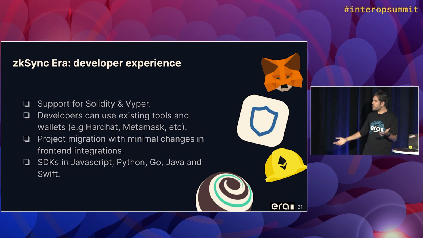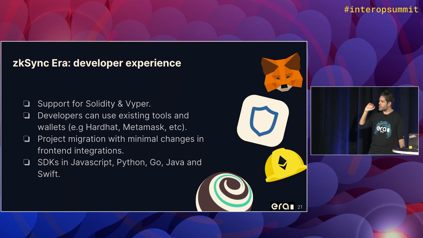The Web3 API from our client is compatible with Ethereum as well, so you can do eth_getBlock or eth_getTransactionReceipt, same methods, everything works the same. If you have a project, migrating it takes just minimal changes. And we have SDKs in JavaScript, Python, Go, Java, and Swift. And these SDKs are built on top of the most popular libraries.